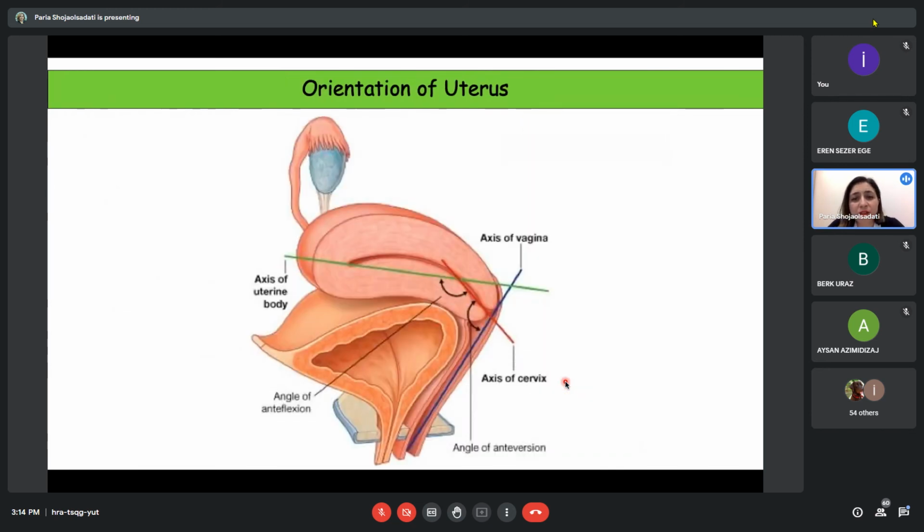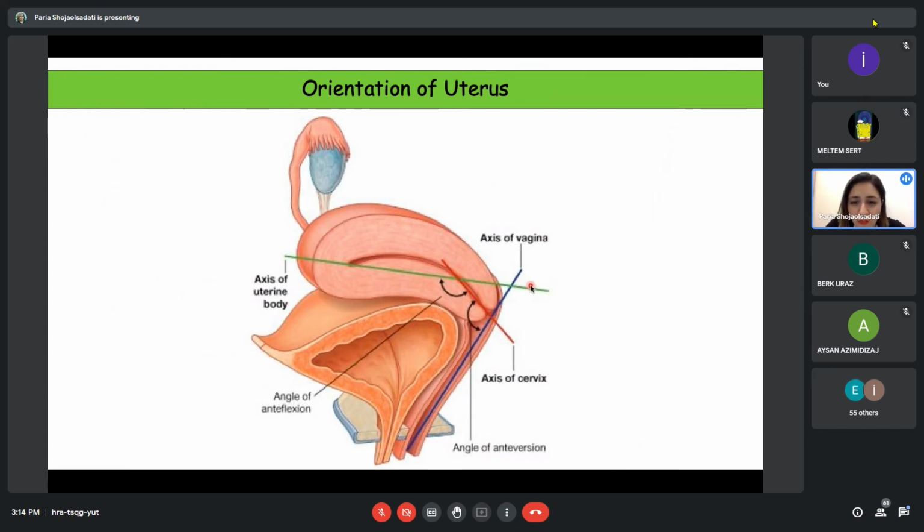In normal condition, the uterus is located in the anteversion and anteflexion position. You can see the axis of the vagina, the axis of the cervix in red, and the green one is the long axis of the uterus.